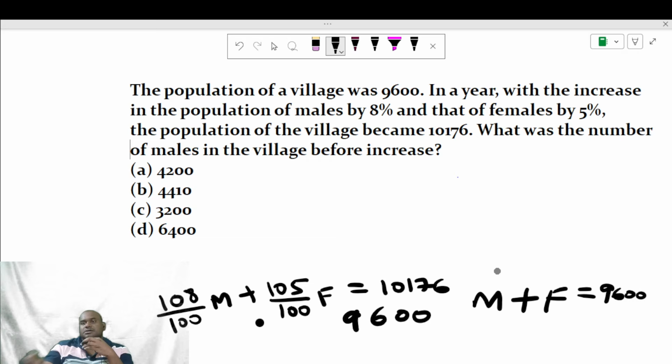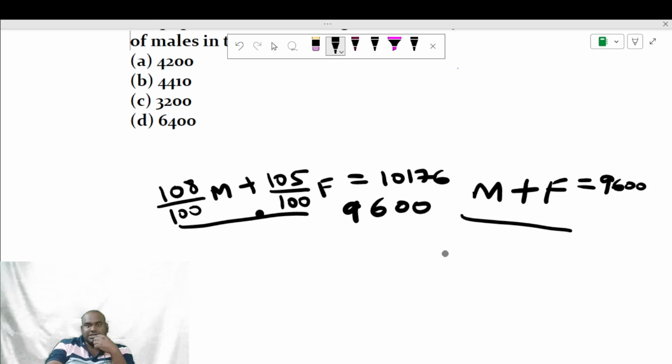There are two equations we got. This is one equation, this is another equation. If I subtract 1 from 2, then it will be 108 by 100 m minus m.